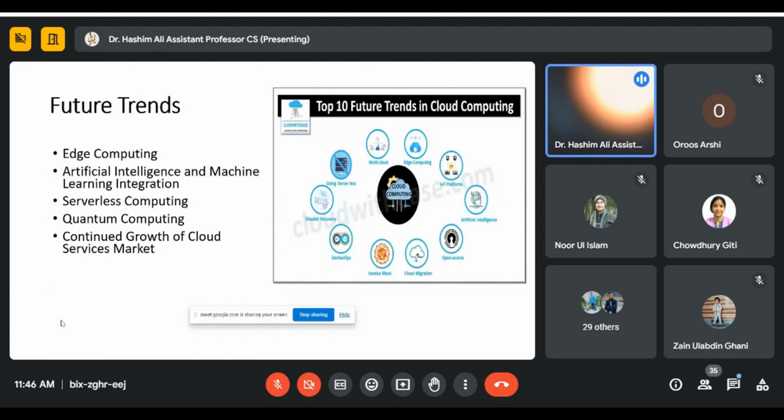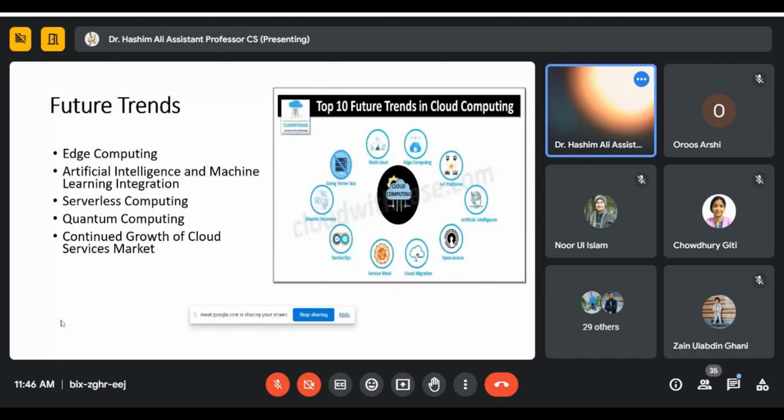Now we have got dependency over the utilization of serverless computing or edge computing or content computing. And obviously, because the world is going towards the adoption of artificial intelligence and machine learning integration, the cloud computing paradigm allows you to adopt specifically in terms of deep learning.